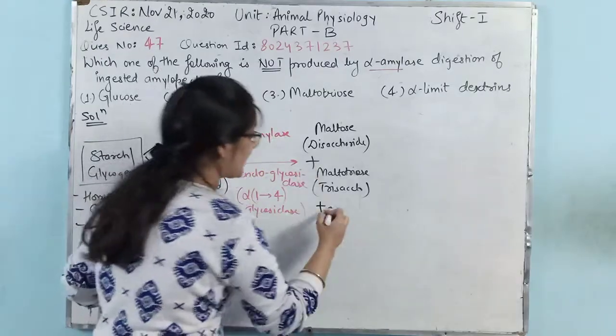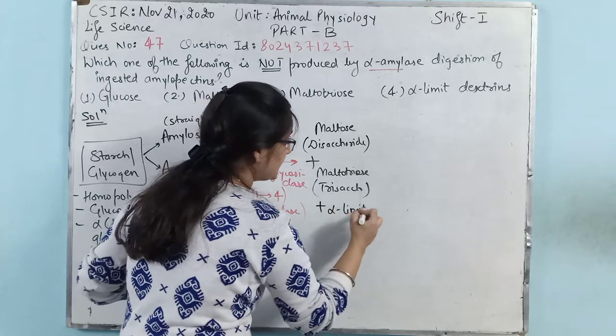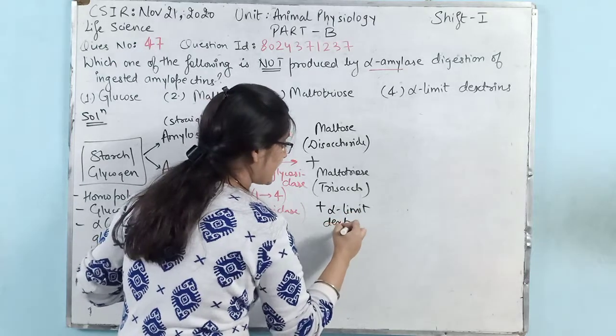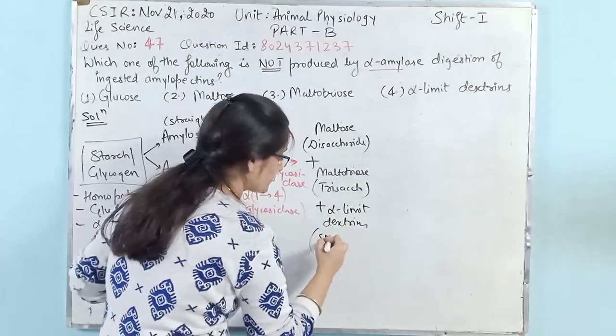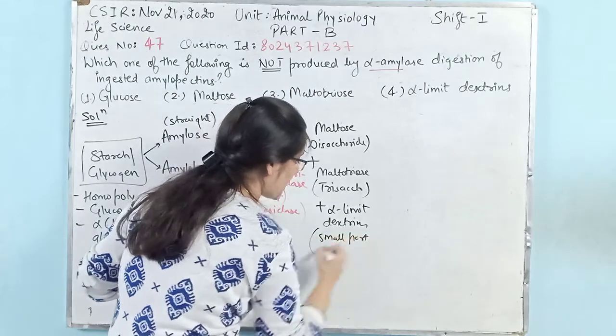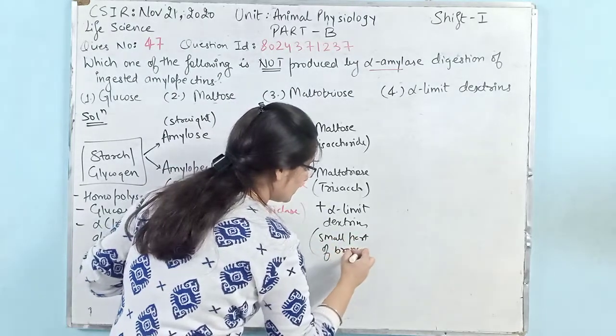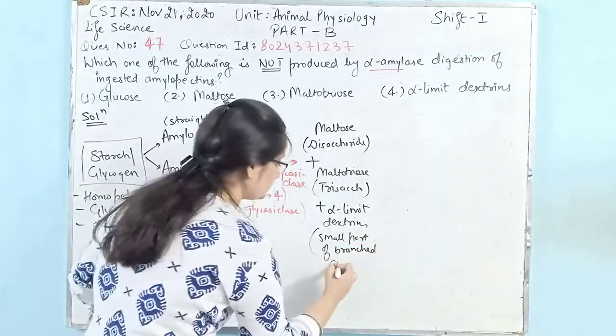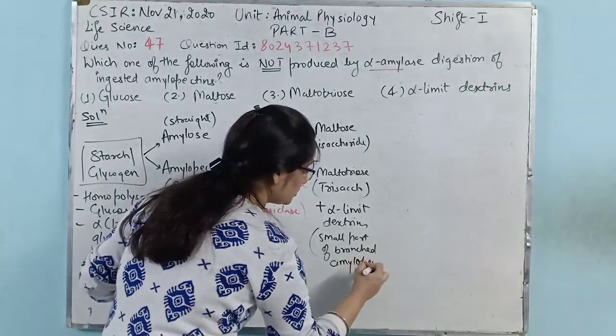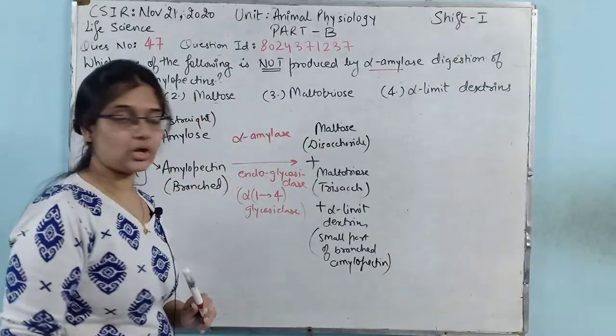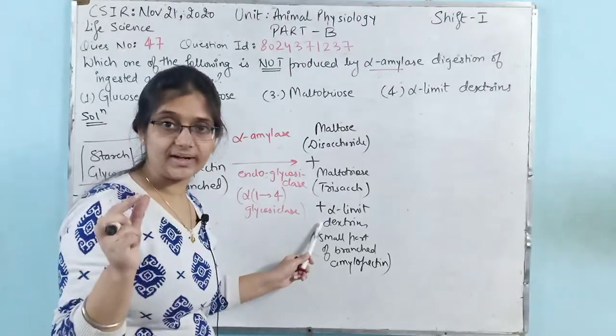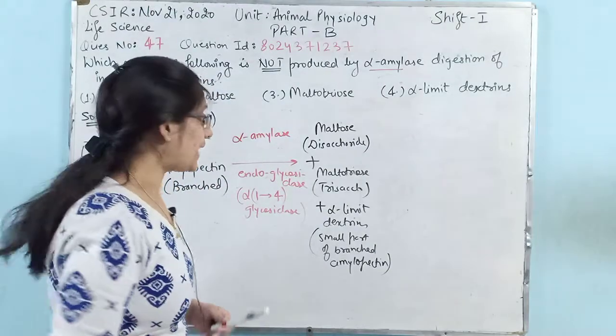And you will have alpha limit dextrins, which are small parts of branched amylopectin, consisting of a few glucose units linked together.